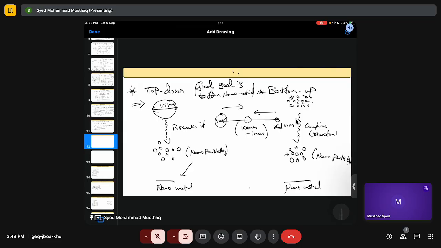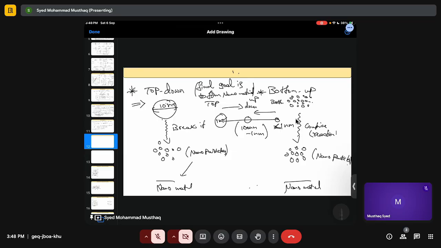So this is top down, and this is bottom up. These are two very easily understandable processes.